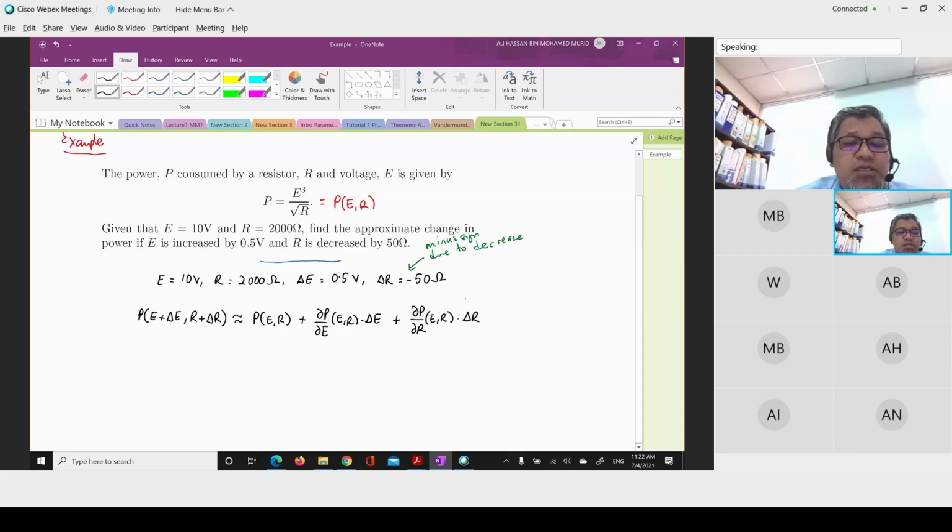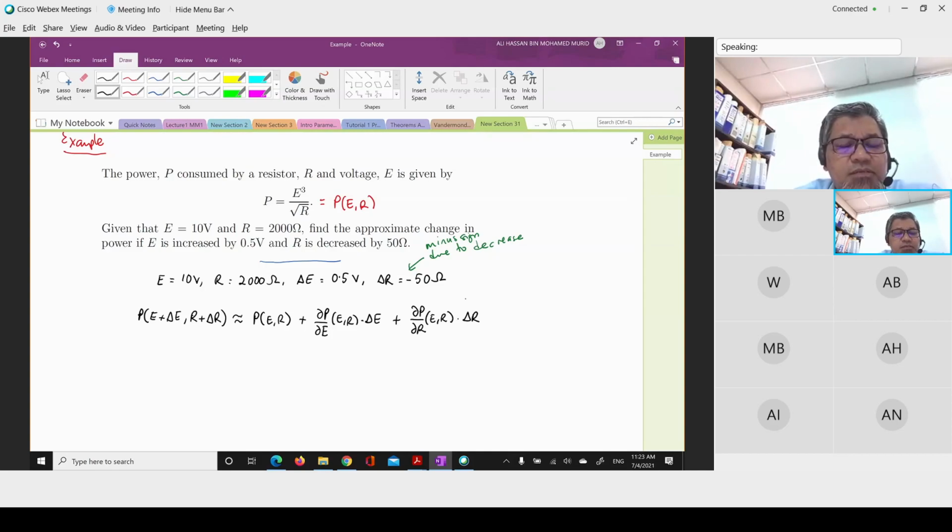Previously we used X, Y, A, B. Here we use the variables E, R, so you write down the formula according to the symbols; we need to change the symbols accordingly.